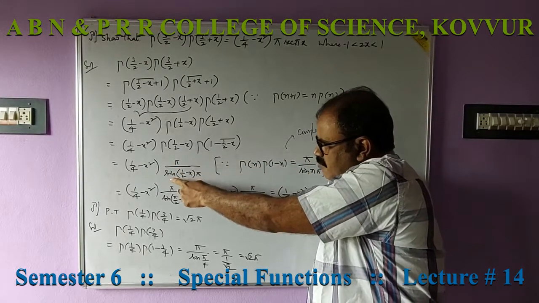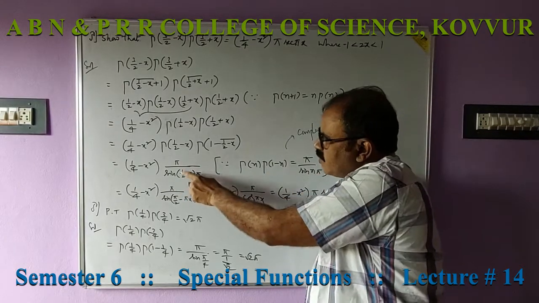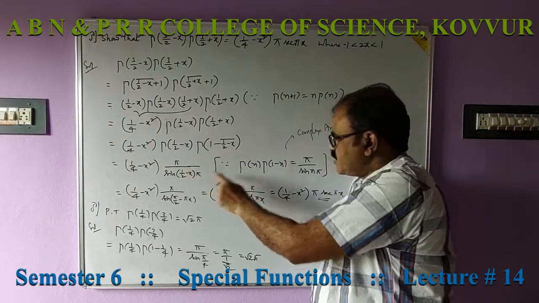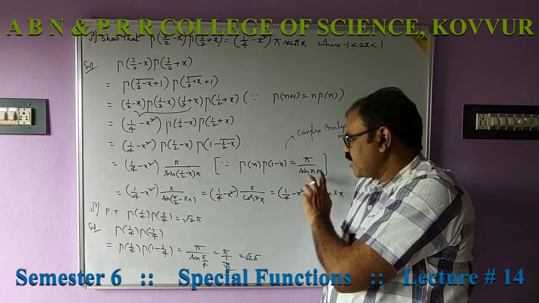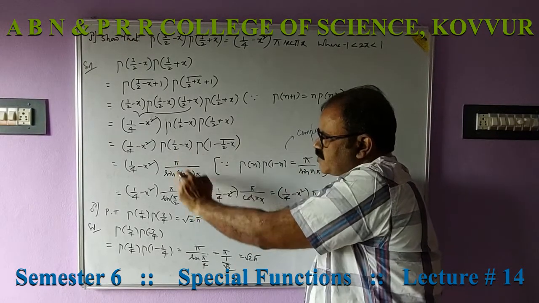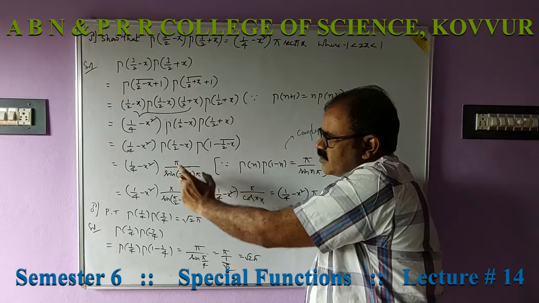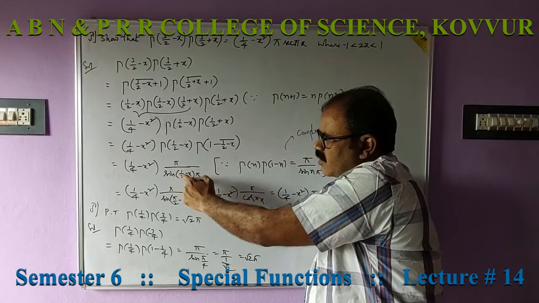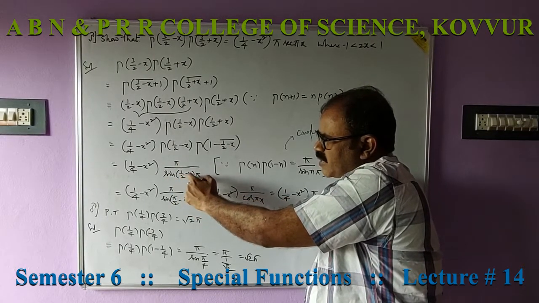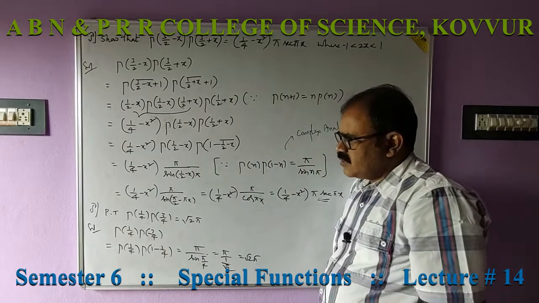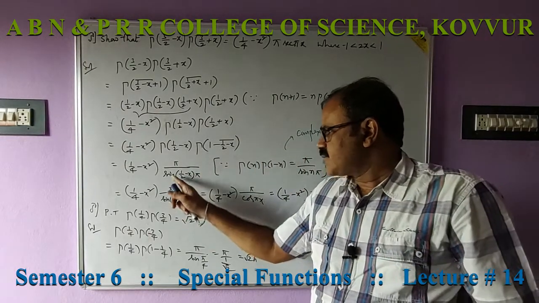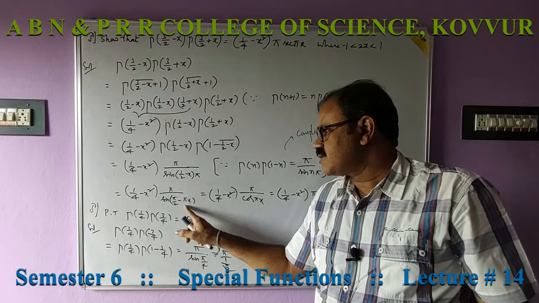This is pi by sine of 1 by 2 minus x into pi. So that is pi by sine of pi by 2 minus pi x.